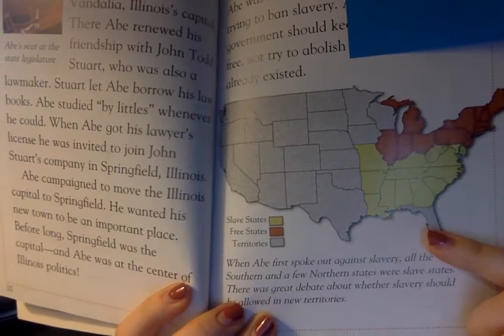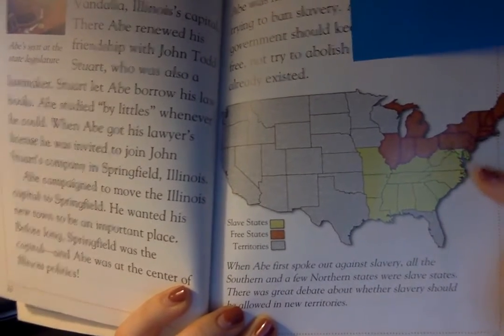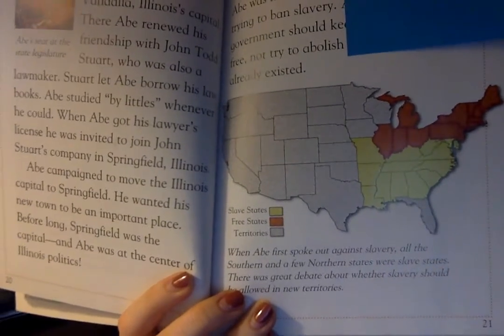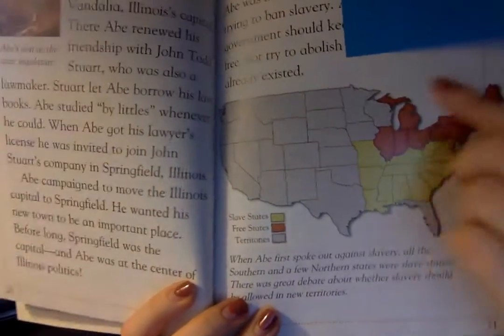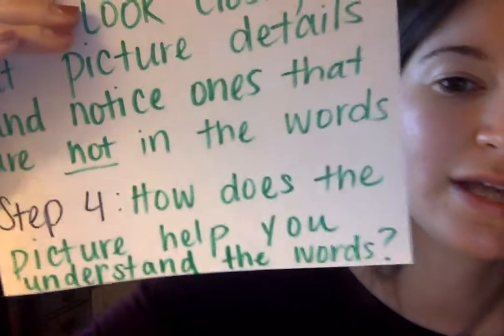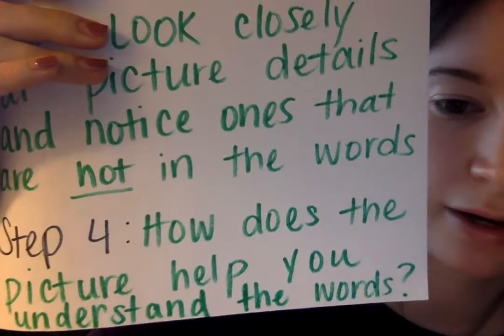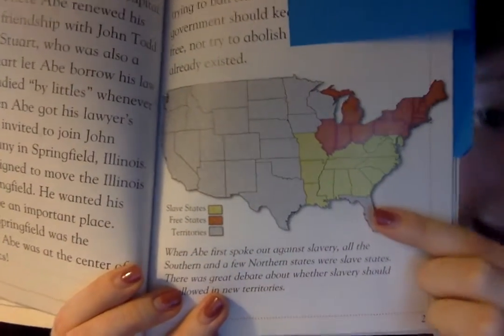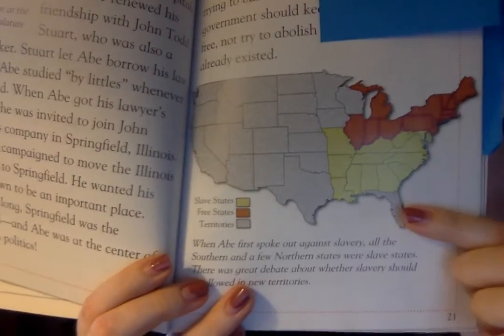And then we can also tell that states like North Carolina, South Carolina, Georgia, Missouri, those were slave states at the time. And that's not information given to us in the captions or in the words. Step 4, how does the picture help you better understand the words? As I just said, taking a look at the picture shows us exactly which states were free and which were slave states.